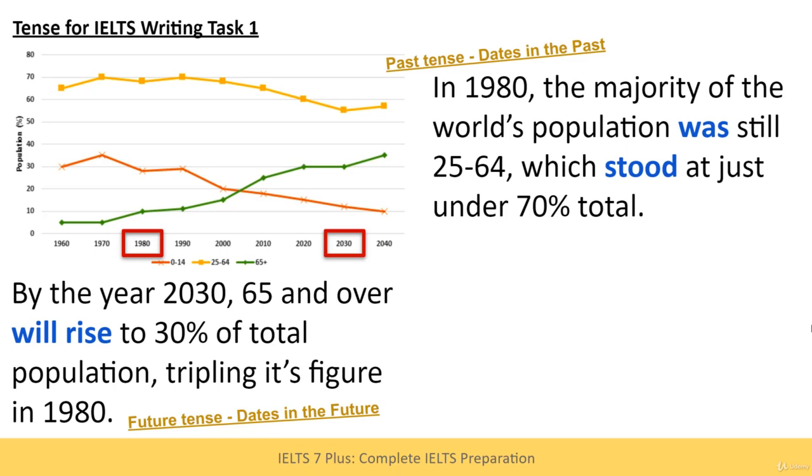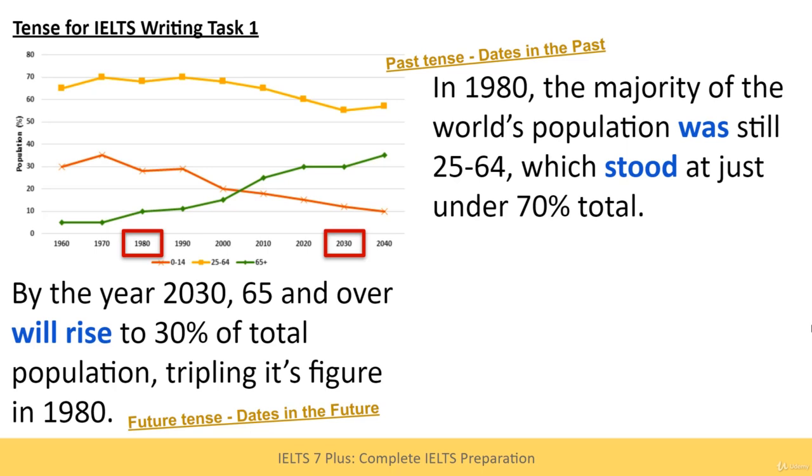But back to tense, will rise. It is predicted the figure will rise. Predicted because it's already been done, the graph has been made. Predicted, it will rise. So I'm using the future tense to discuss future dates. Past tense, for past dates.